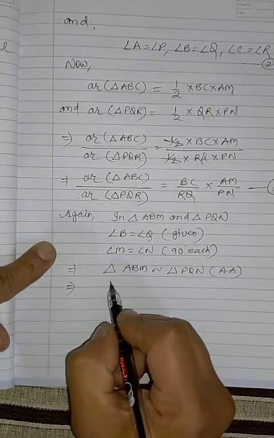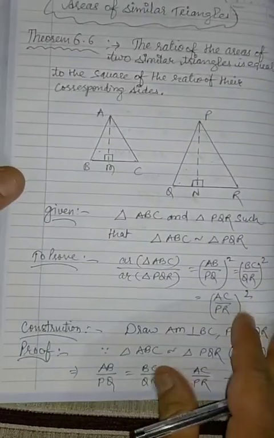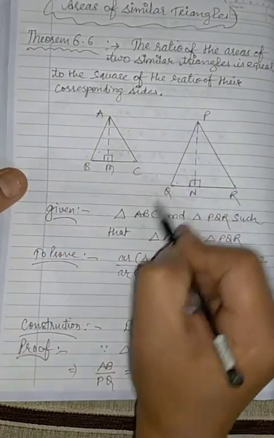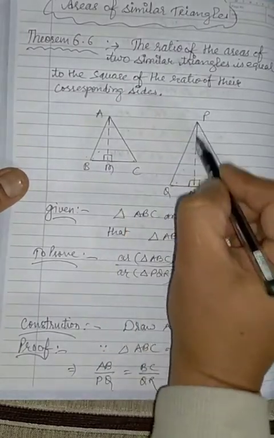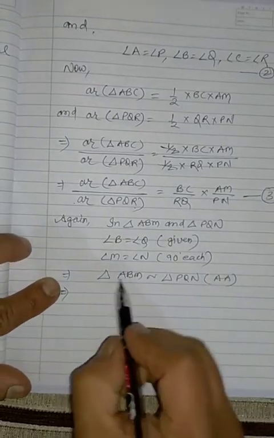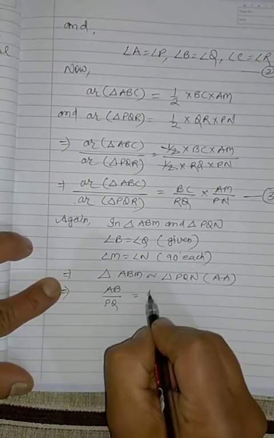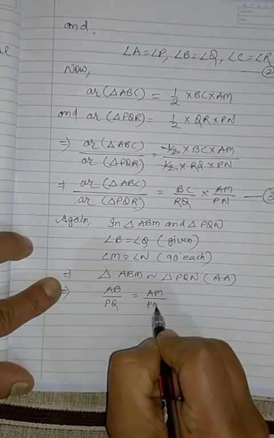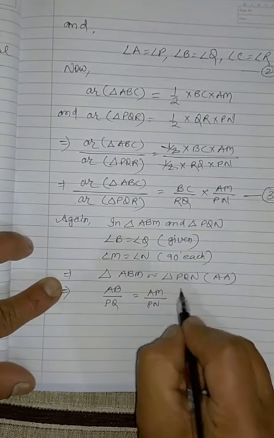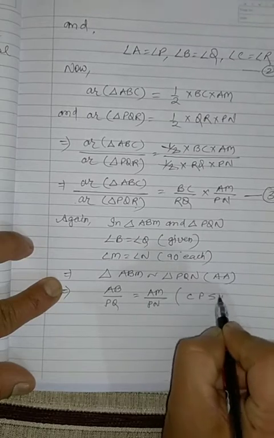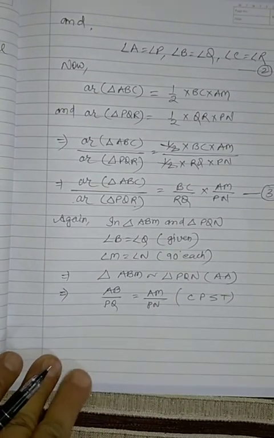This implies that AB upon PQ is equal to AM upon PN, corresponding parts of similar triangles.